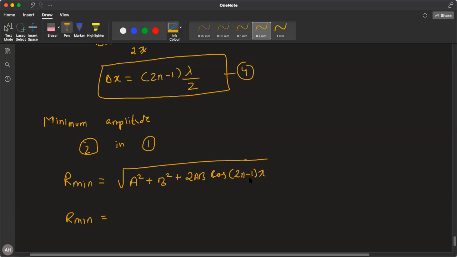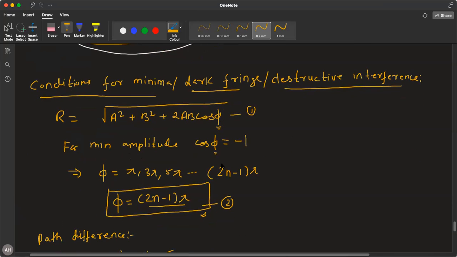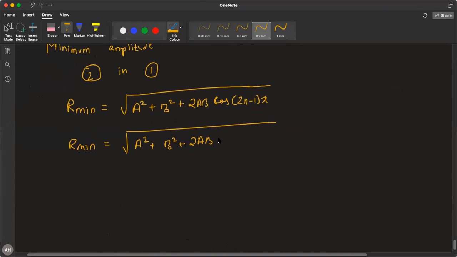See, we have written that cos phi is minus 1 if phi is 2n minus 1 pi. So cos 2n minus 1 pi is minus 1.